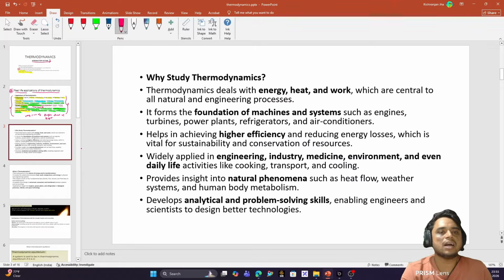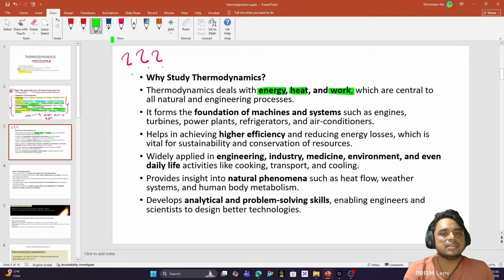The question comes: why do we study thermodynamics? Is there any need to study it? Whenever there is a concept of heat, work, or energy, heat and work are central to all engineering processes.